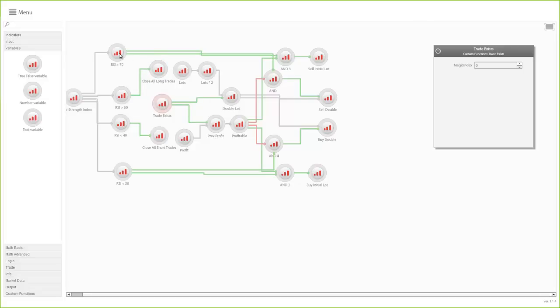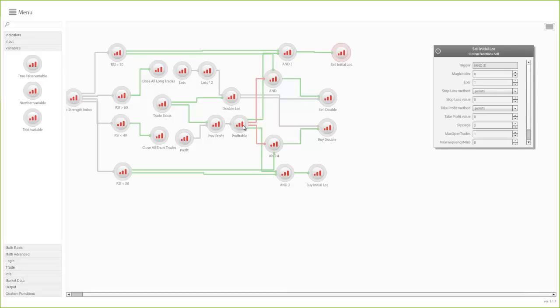So this way, when you're about to open a new trade, in this case you see RSI above 70, so we have our signal to sell. We check if the last trade was profitable before we closed it. If it was profitable, we follow this path, and we just sell the initial lot. We just sell one lot.